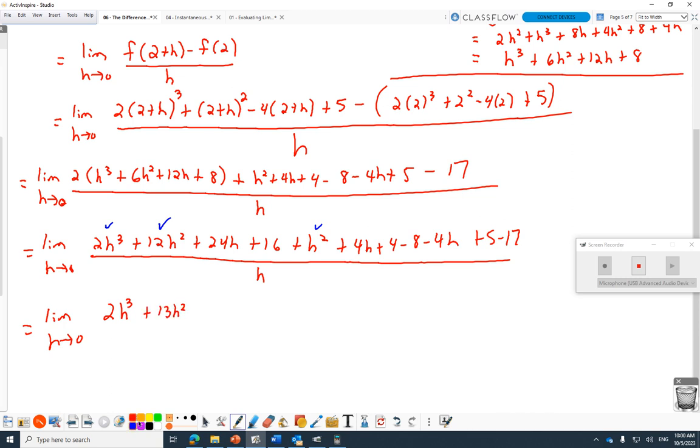H's. 24h, 24h, 28h, back down to 24h. Constants, 16 plus 4 is 20, minus 8 is 12, plus 5 is 17, minus 17.